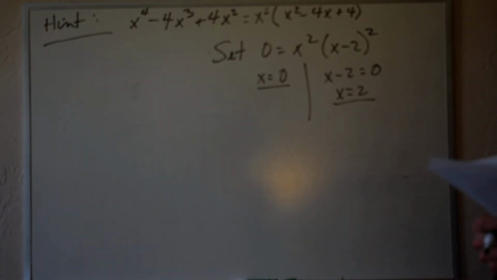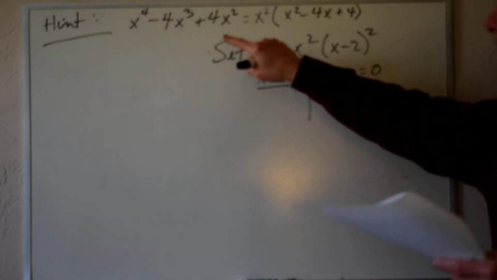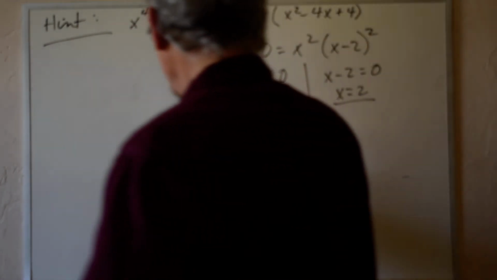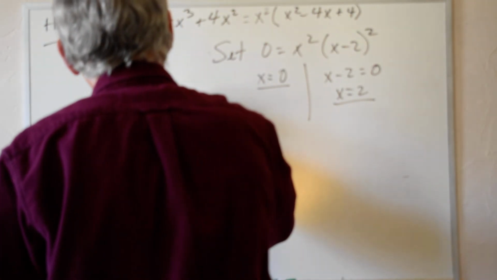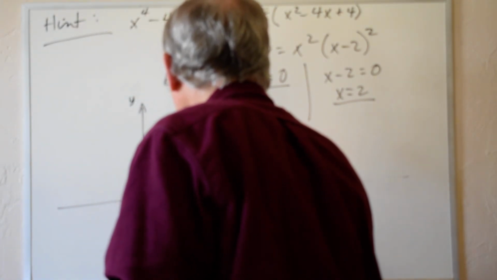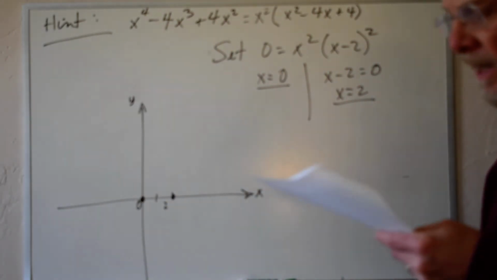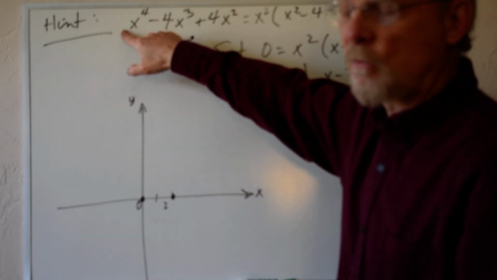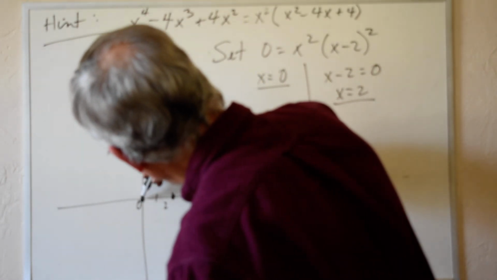So there are my x-intercepts. Meanwhile, I expect to have 3 humps, right? Zero, 1, 2. So I have x-intercepts there and there. The lead coefficient is a positive 1. So the wings come in like this.